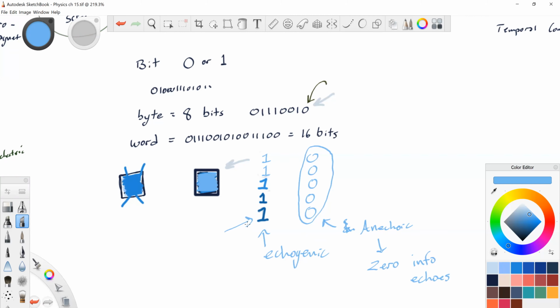So we had 0, 0, 0, 0, 0, 1. Still dark on the screen, but there was something there. So hypoechoic, dark, but something. And then we waited a little bit longer and the echo became a little bit stronger.